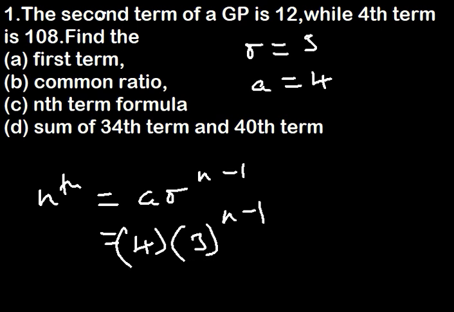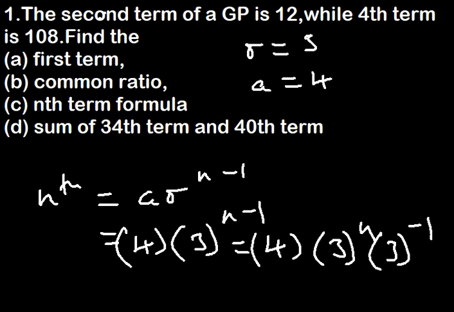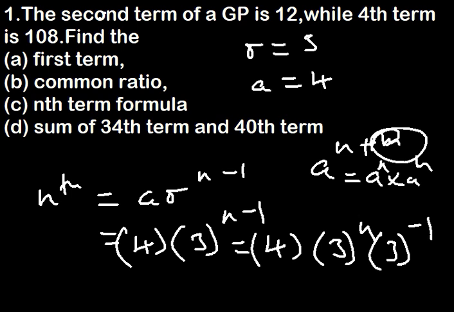Of course you may think of having this using the laws of indices. 4 times 3 to the power n, and times 3 to the power negative 1, according to the laws of indices. Because a to the power n plus m is the same as a to the power n times a to the power m. Likewise, if m is negative, we have a to the power n minus m.